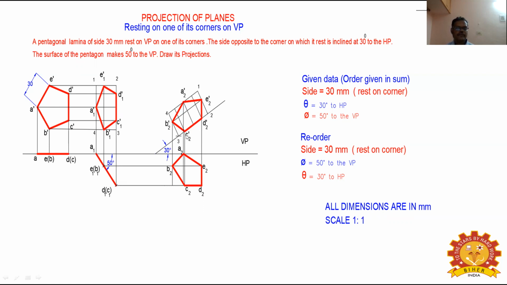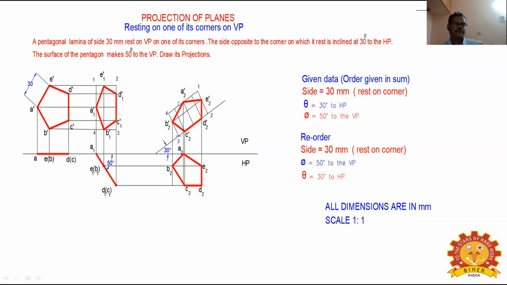Therefore, by using a box method, you have to transfer all these points. First, you have to construct the box 1, 2, 3, 4. Once you draw the box, then within the box you can transfer all these points: C2 dash, D2 dash, E2 dash, A2 dash, and B2 dash.